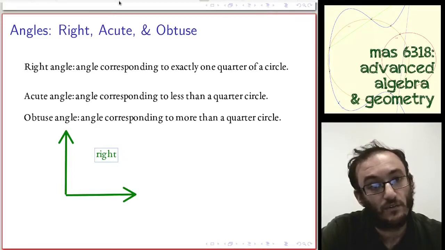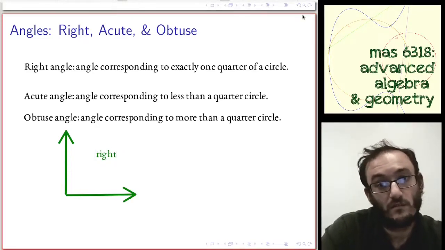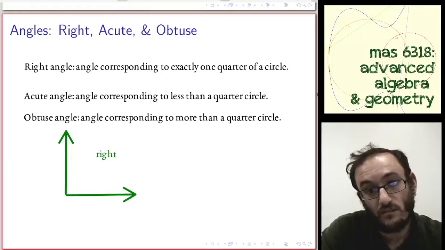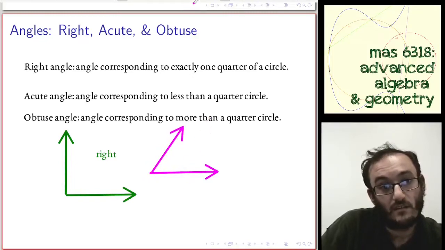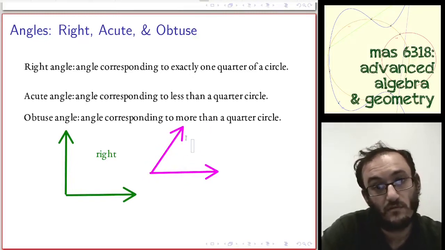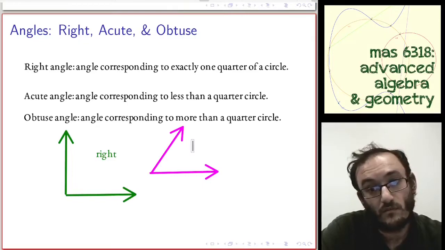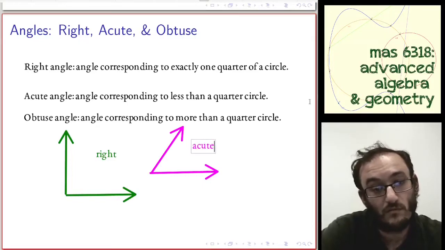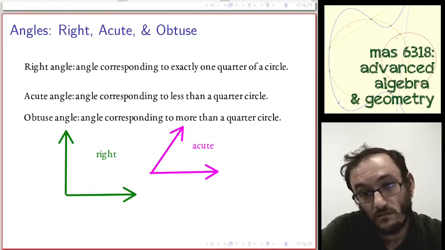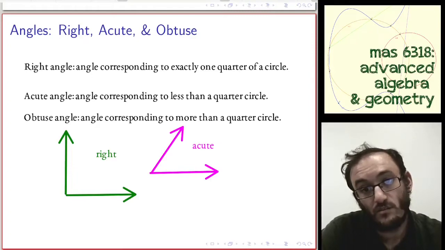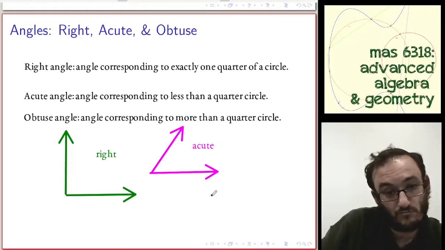And then we can do a nice acute angle. So something like that. This is acute. And then we would have, let's give it brown.